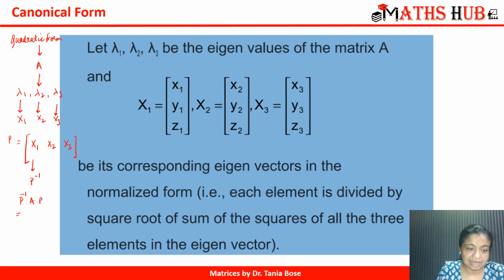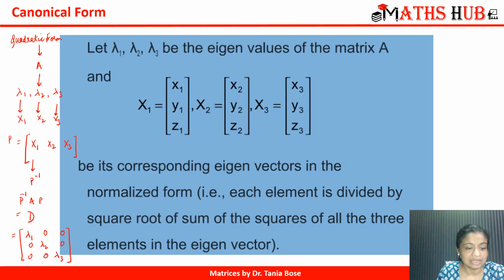When we calculate P inverse AP, we get a diagonal matrix. In the diagonal matrix, all the eigenvalues are placed in the diagonal positions and all the non-diagonal elements become 0. So this is what a canonical form is.